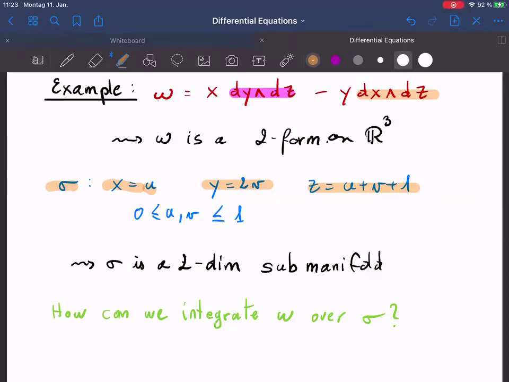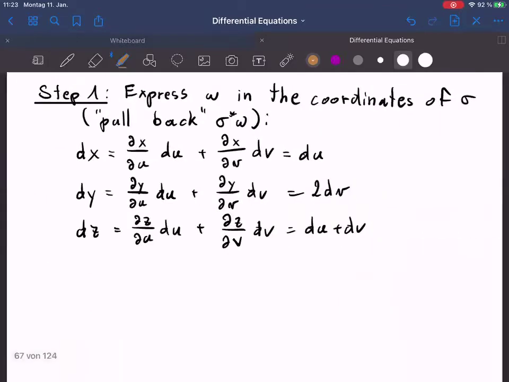Well, it's actually very easy to do. The basic idea is that I have these objects, these differentials dx, dy, dz. But I have three differentials, and I want to integrate over a two-dimensional space. And the coordinates on my two-dimensional space, the parallelogram, are u and v. So I just use the chain rule to write dx, dy, dz in terms of du and dv.